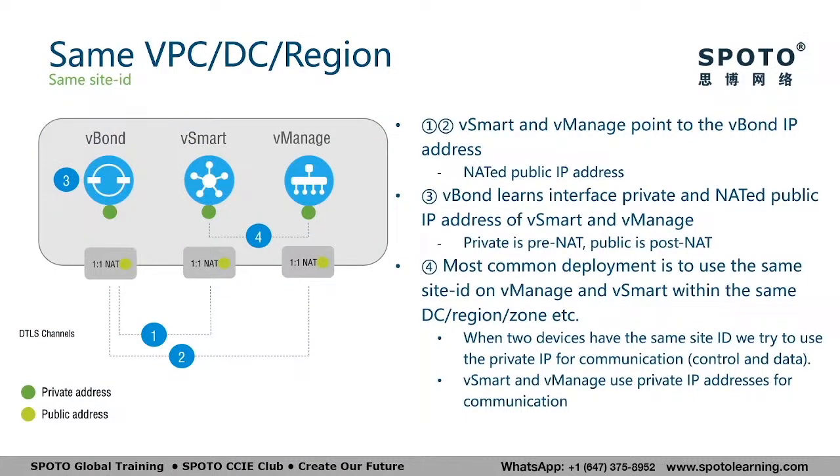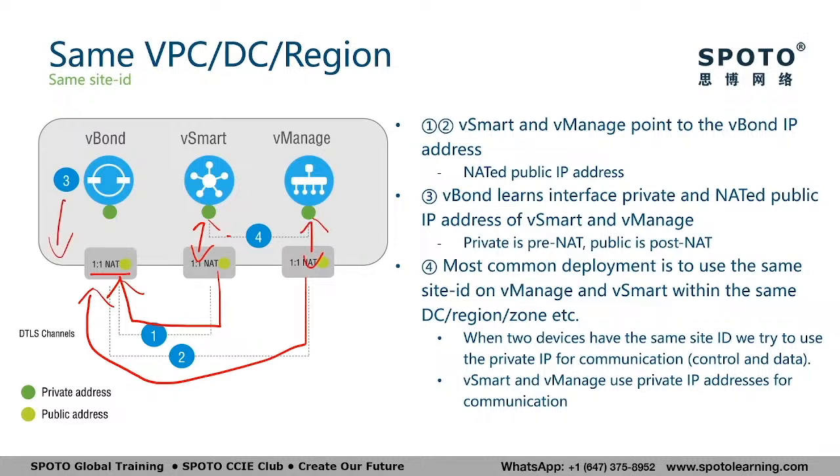For the site ID, vSmart and vManage point to the vBond IP address, like the diagram, private and NATed public IP address of vSmart and vManage. The relationship here. vBond will try to learn this relationship. So it knows both private IP addresses and public IP addresses.